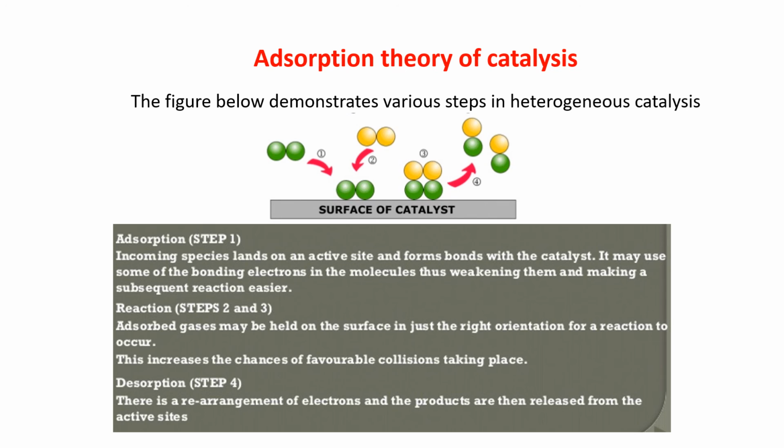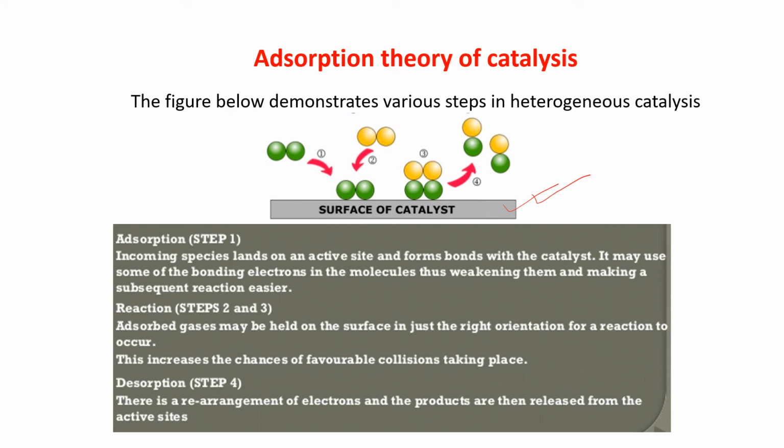Look at the figure. The figure below demonstrates various steps in heterogeneous catalysis. See here, there are two reactants shown in green and yellow color, and this is the surface of the catalyst. Now in the first step, the green molecules are coming and sitting at the surface of the catalyst, or they are landing on the active sites of the catalyst.